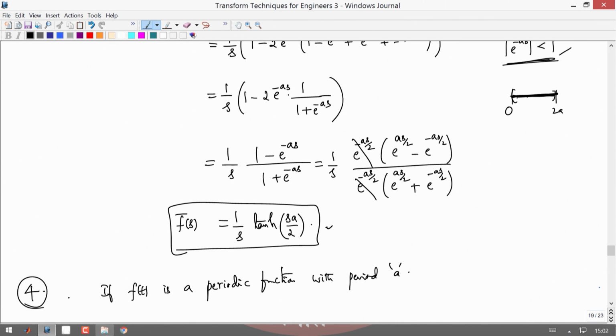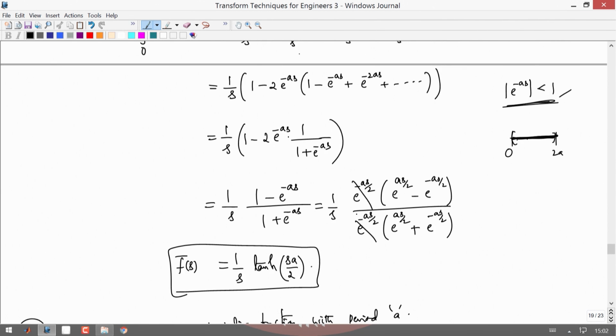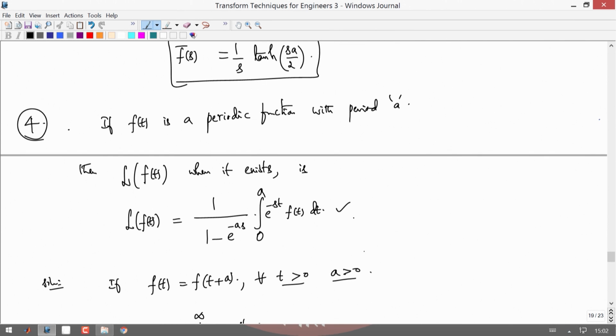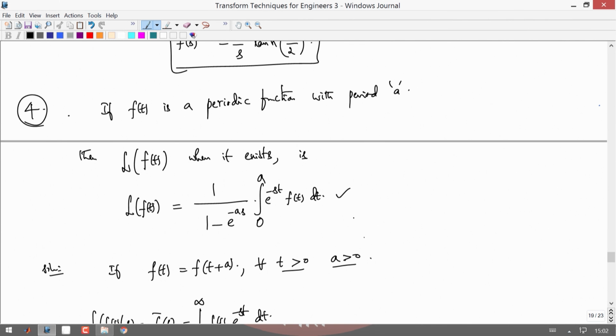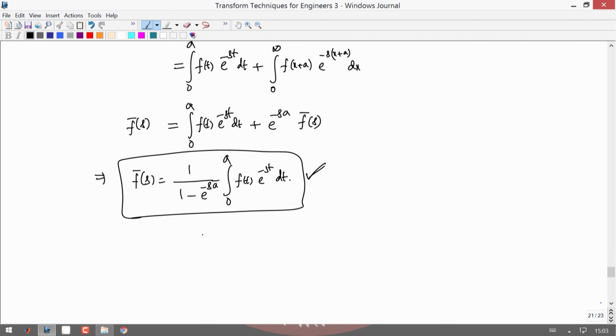So this is the Laplace transform of such a uniformly convergent series. And instead, if you see that the given function, which is a series, is a periodic function of period 2a, and you apply this formula, you calculate only this integral and you will get the same result. Okay.